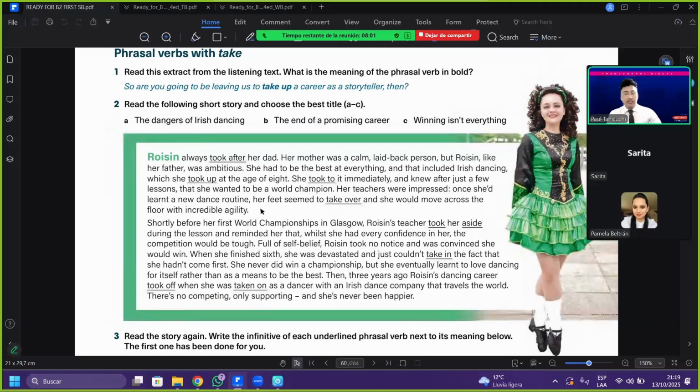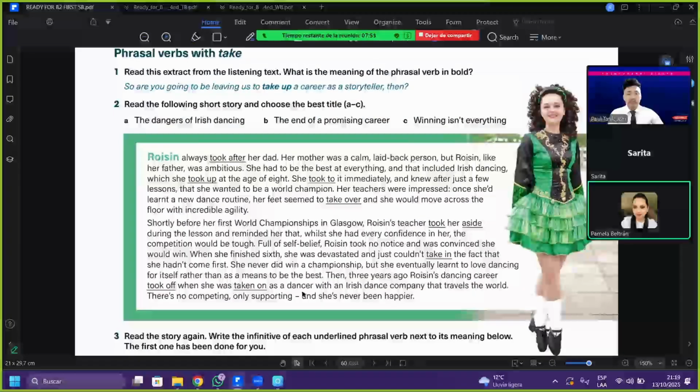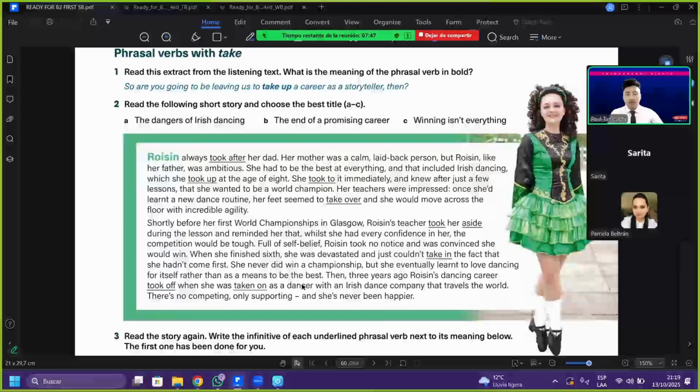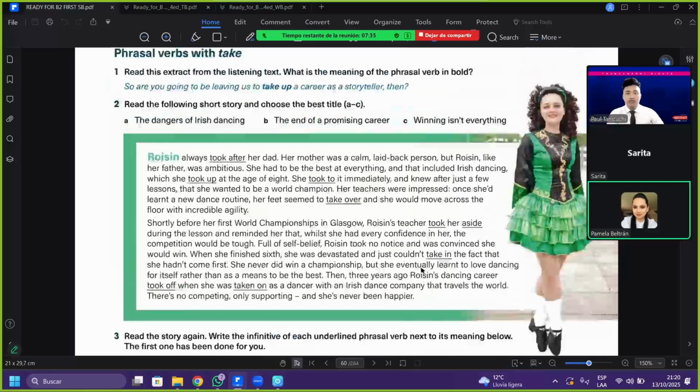First read this part and then analyze the phrasal verbs you have there. Then we're all going to go over the meaning of every single one of them. Do you think that 2 minutes is enough to read this? Yes, I can read it. All right. So 2 minutes, please.